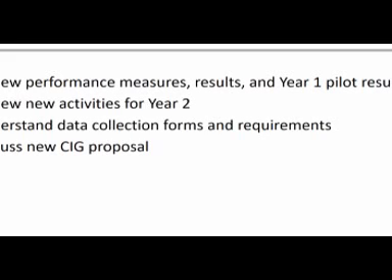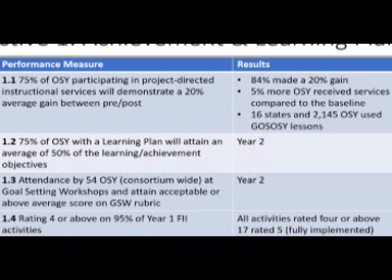We're going to go through those because there are some updates and changes based on the objectives that are coming in for year two. And then finally at the end, we're going to discuss a new SIG proposal, just as an initial floating of the ideas around that, and talk a little bit about states that might want to participate. We'll talk a little more about that later.